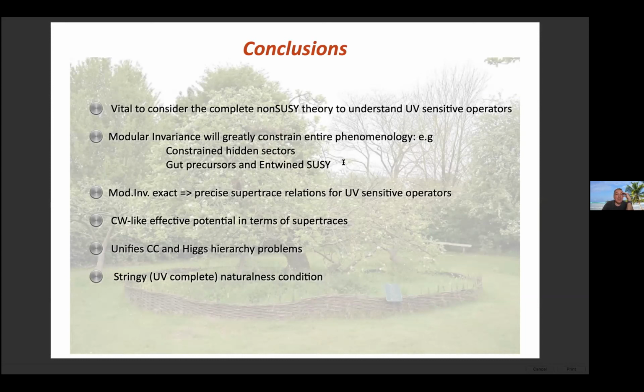If you don't insist on integrating everything out, you can learn some interesting things from the UV completion, and you get precise supertrace relations for UV-sensitive operators, which are really kind of mathematical identities, which allows you at the end to get a naturalness condition. Okay, thank you. I'll leave it there.